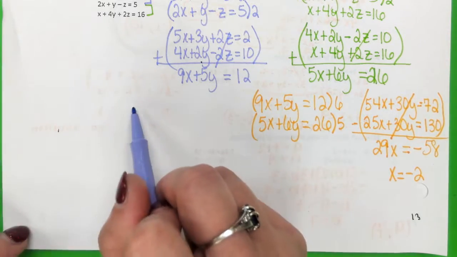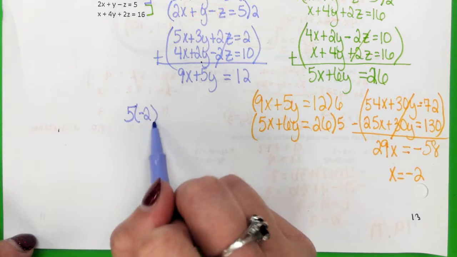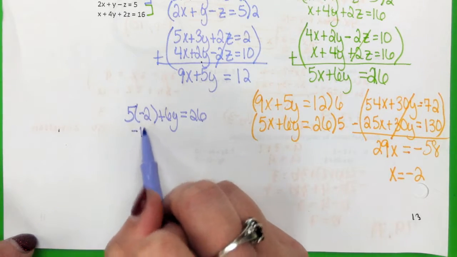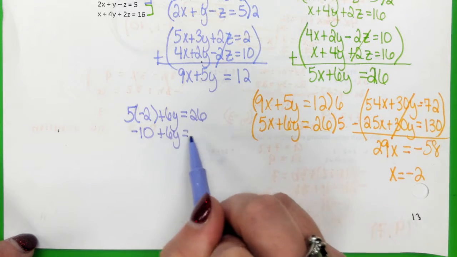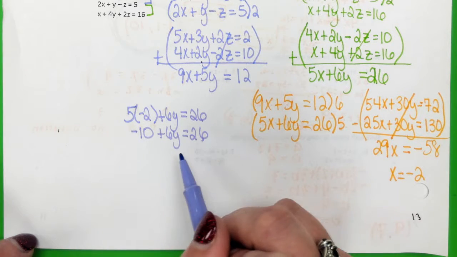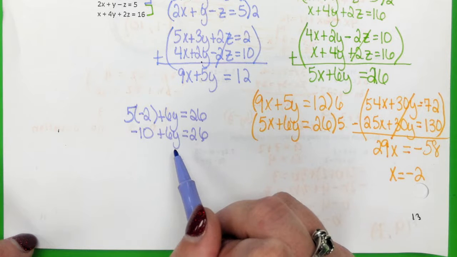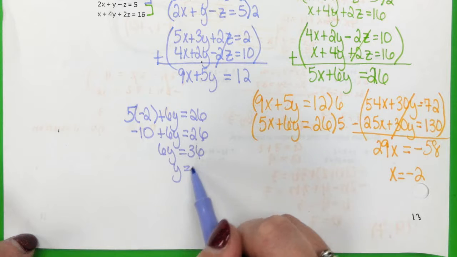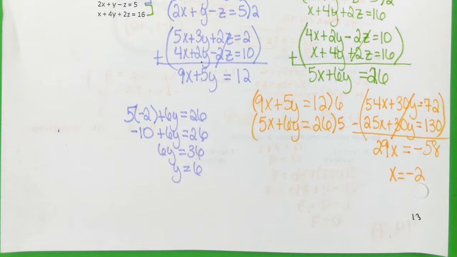Alright, so we're going to do 5 times -2 plus 6y is equal to 26. Alright, y'all get y equals 6?